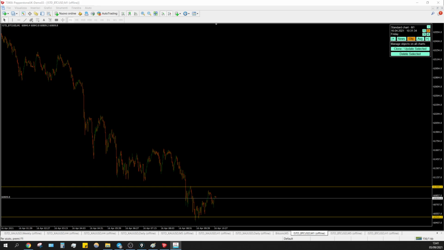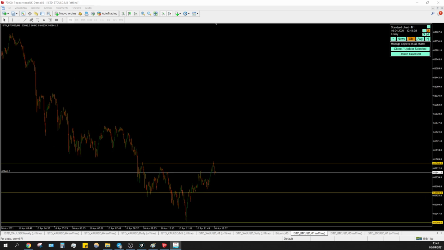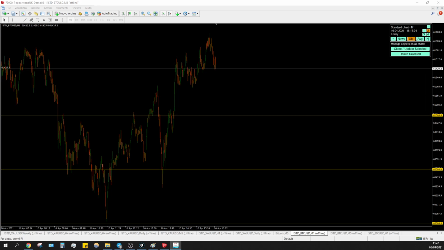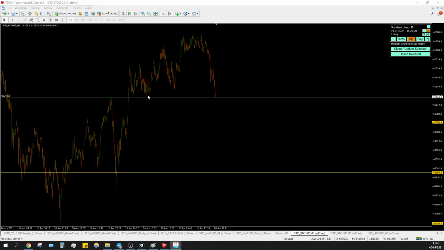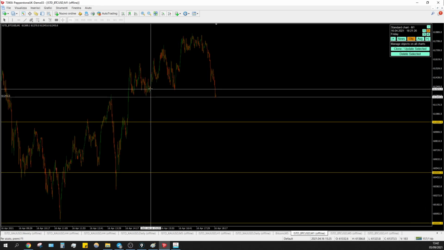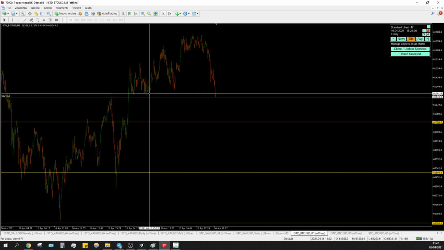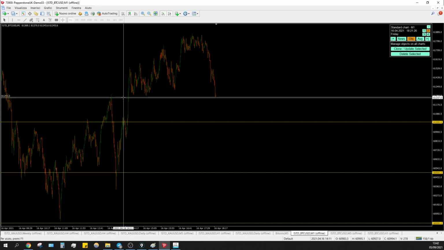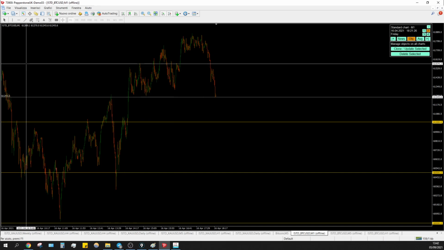Now we only have the 500 and 1K, but as you can see, we're already starting to see reactions at 50 pips, 50 pips. This one is a perfect reaction. This one is not.